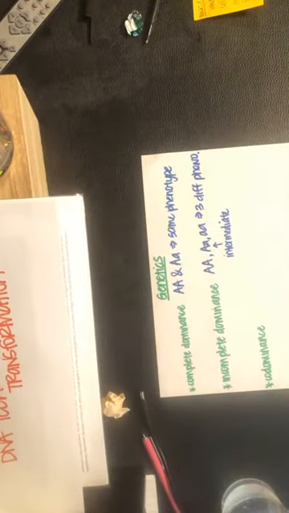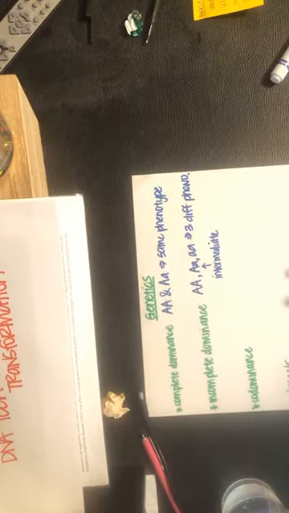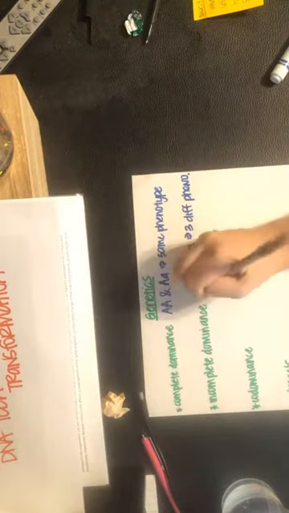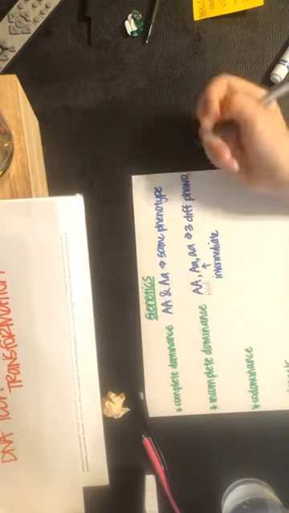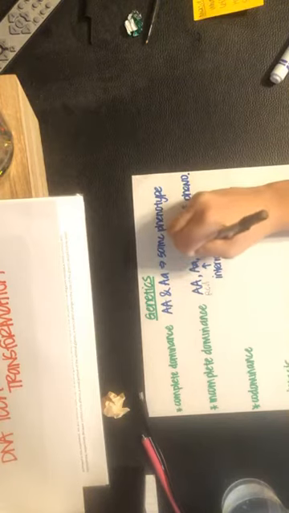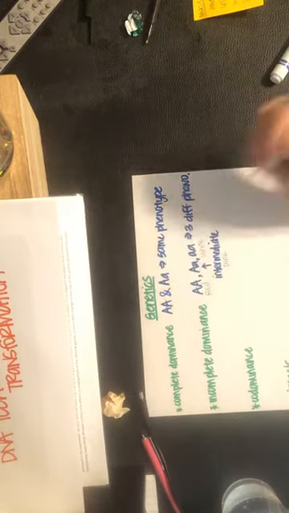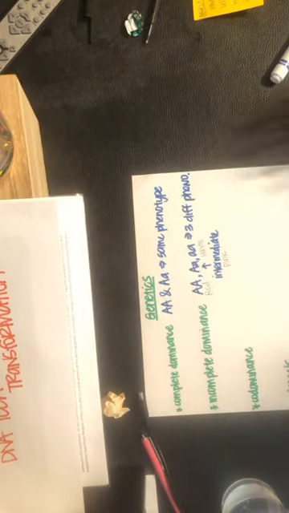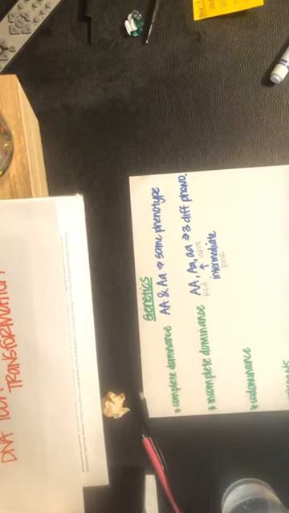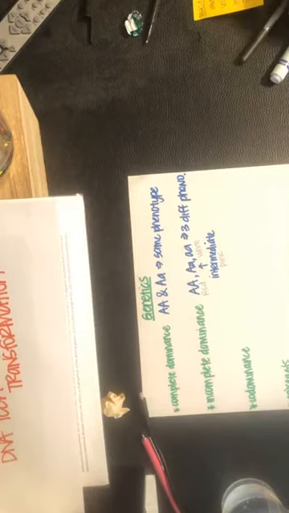The good example of this is snapdragons. If AA is red and little a is white, then the intermediate is going to be pink, because it's between the red and the white. So we see a blending of the two.